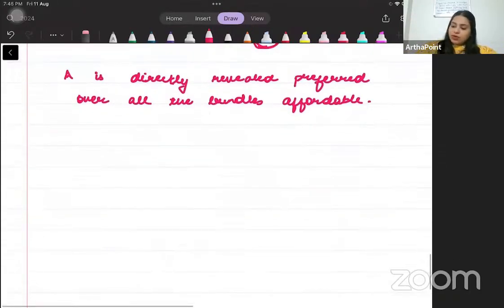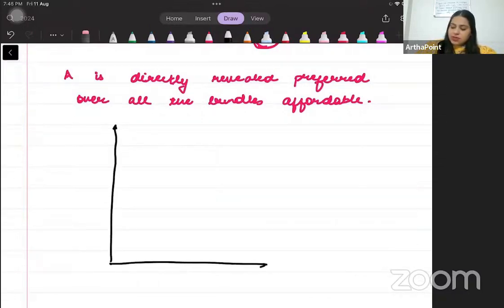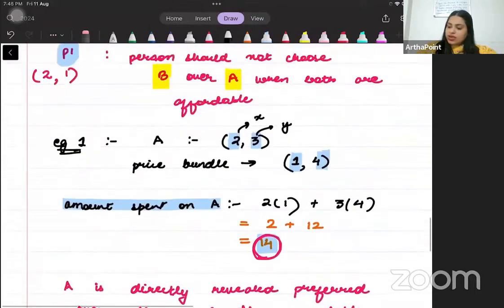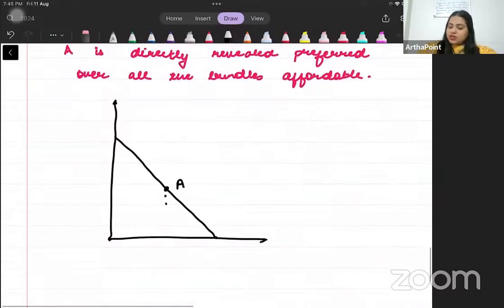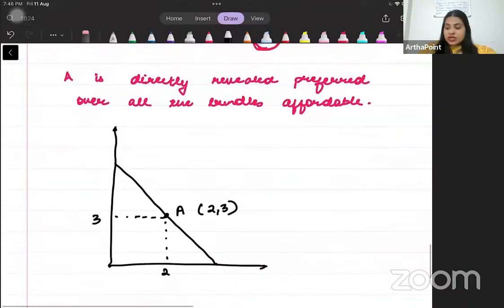So beta, just think about it. Suppose I have some budget line. This is my budget line. On this budget line, I have this bundle A. ये bundle जो A है ना, this is 2, 3. Now I have made this big statement.